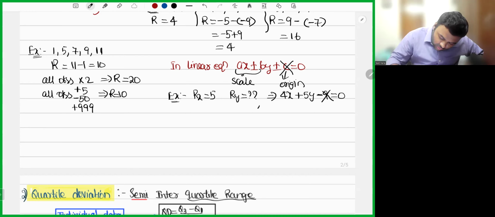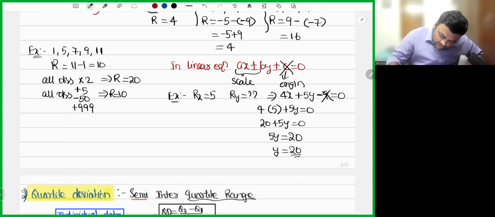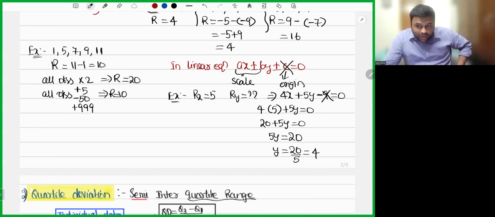So you'll do 4 into 5 plus 5y equals 0. 20 plus 5y equals 0. 5y equals minus 20. Y is equal to 20 by 5, which is, sir, minus... no, please don't do that, because range cannot be negative. Dispersion cannot be negative. Final answer cannot be negative. Be careful, my dear friends. I hope you understood this. Let me give you one more example.